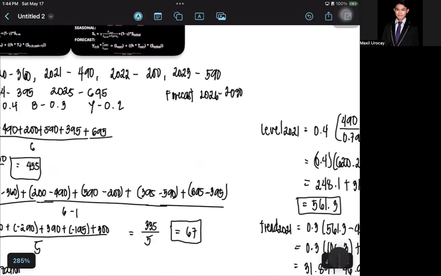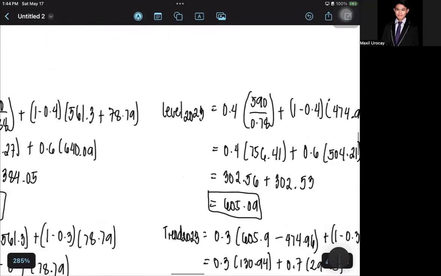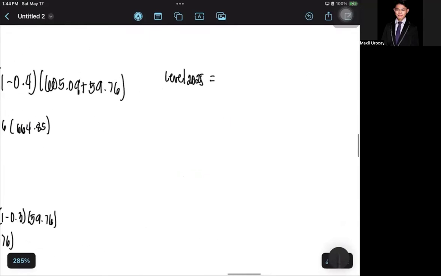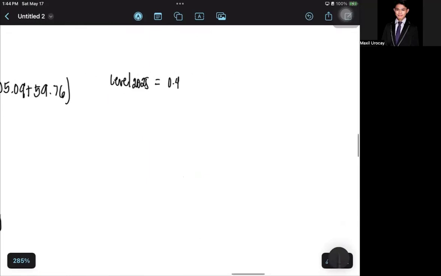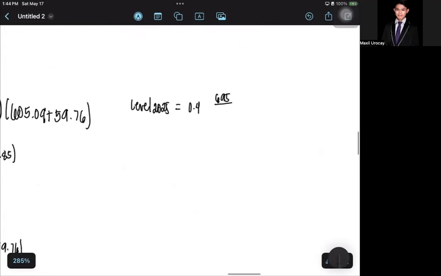So for this one year, we have 695 for the 2025 year. Your alpha is set to 0.4, times your data 695 over the previous seasonality that you have, which is 0.84.